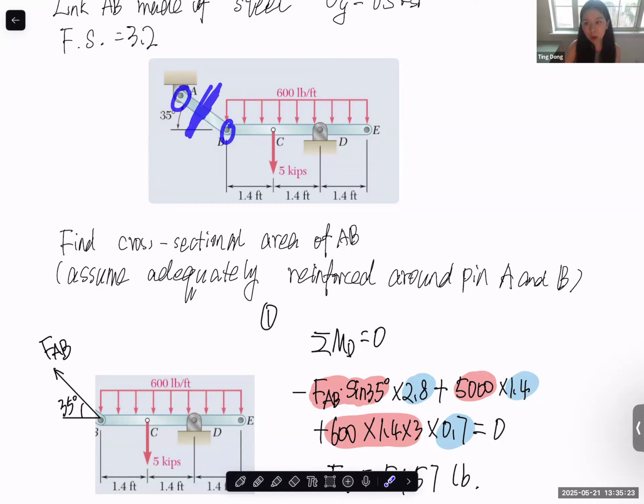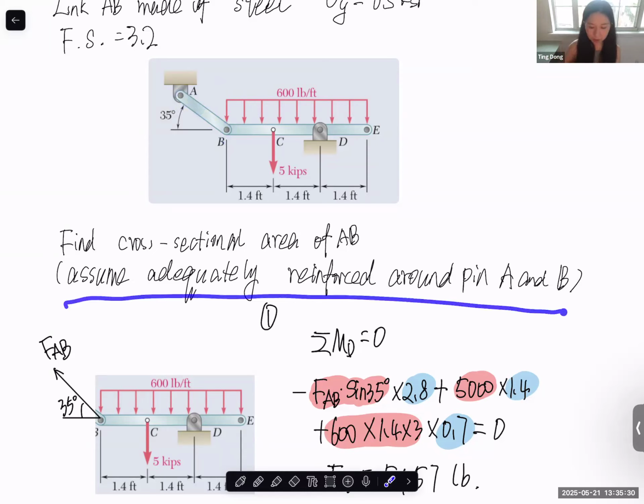That's why for this specific example problem I put the assumption that it's adequately reinforced around pin A and pin B. It means you can ignore the stress concentration here and here, and only focus on whether it will fail in between or not. Did I answer your question? Okay, great. Any other question?